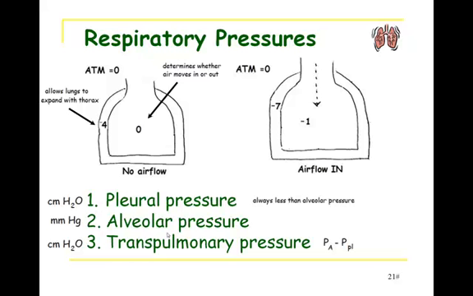If I want to get the lungs even bigger, I need even more transpulmonary pressure. If I want to stretch that rubber band even more, I have to exert more pressure. The reason they say it's a measure of the force that tends to collapse the lung is, think about an elastic band. The elastic band always wants to recoil. It always wants to go back to its original state.